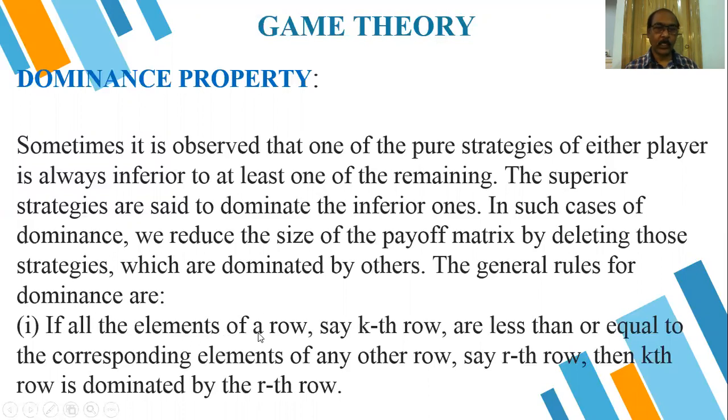If all the elements of a row, say the kth row, are less than or equal to the corresponding elements of any other row, say the rth row, then the kth row is dominated by the rth row. Why? Because A tries to maximize his own gain.